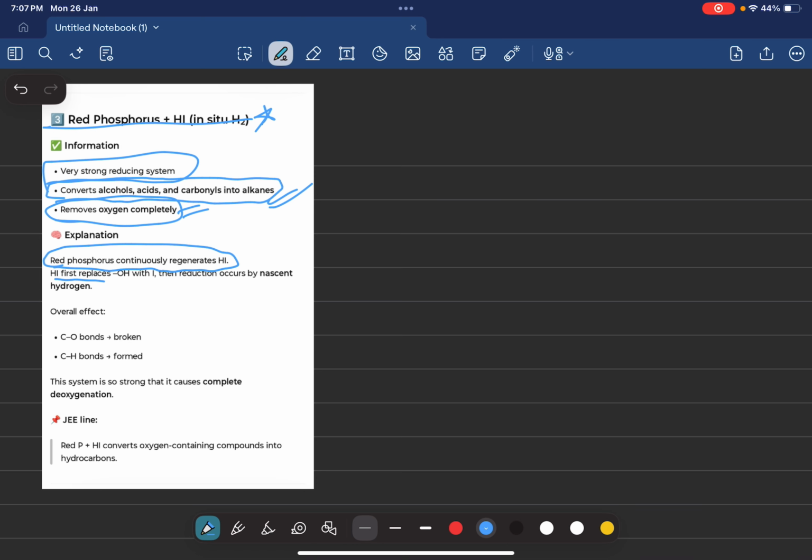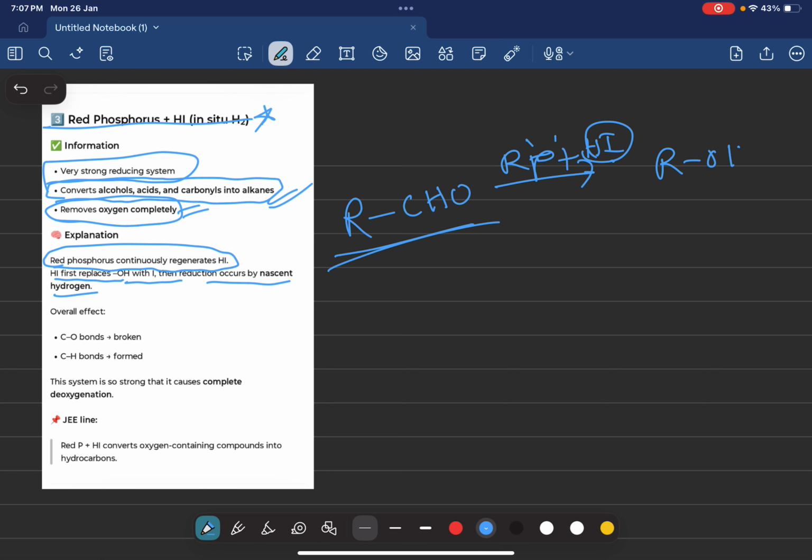So HI first replaces the OH of the oxidized form with iodine, then reduction occurs by nascent hydrogen. If you take any aldehyde group, what will it do? Red phosphorus plus HI: this will be converted into ROH on over reduction.